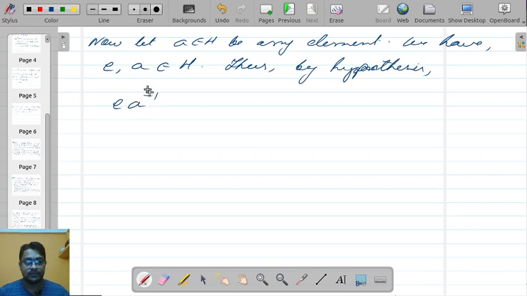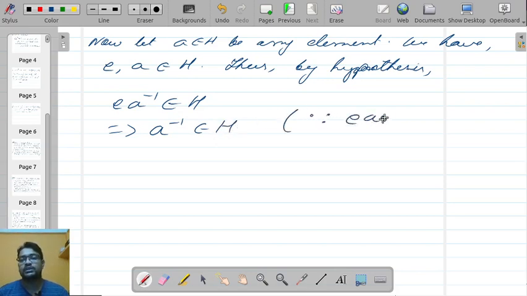E and A are elements in H, so E A inverse is in H. This is what the hypothesis says. But what is E A inverse? It is A inverse only, since any element multiplied with the identity element is the element itself. Here E is the identity element. So A inverse belongs to H.